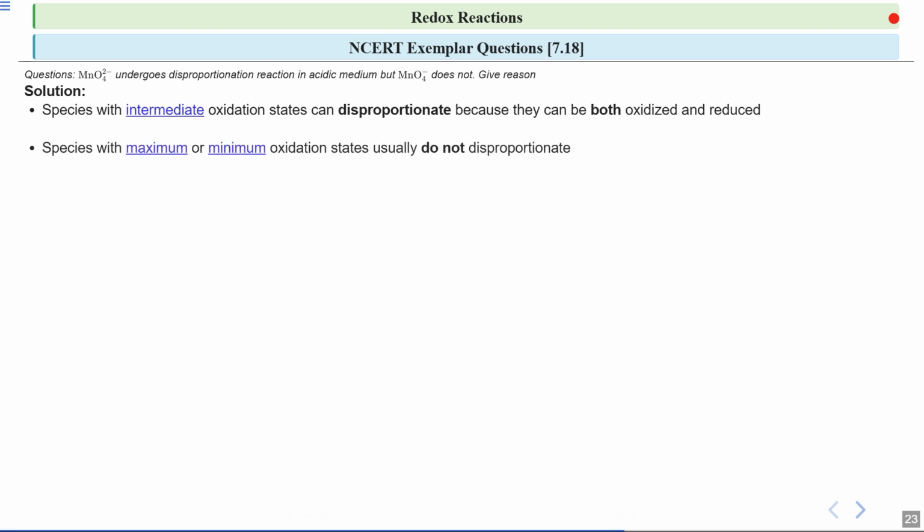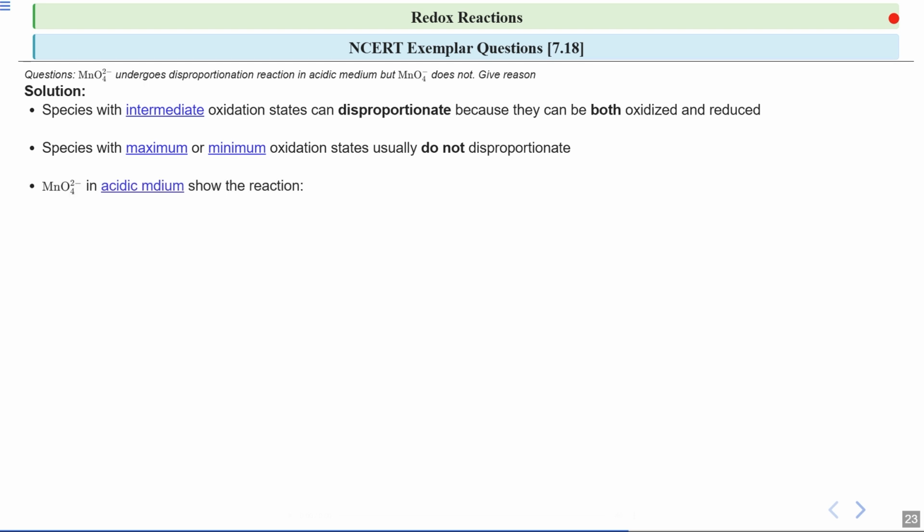Now, why intermediate? Suppose it has a maximum or minimum oxidation state, then what will happen? It cannot oxidize or reduce. If it has the maximum one, it cannot be further oxidized. If it is the minimum one, it cannot be further reduced.